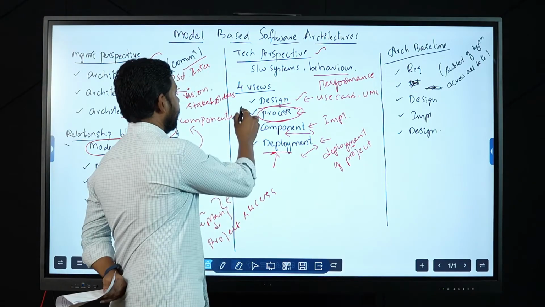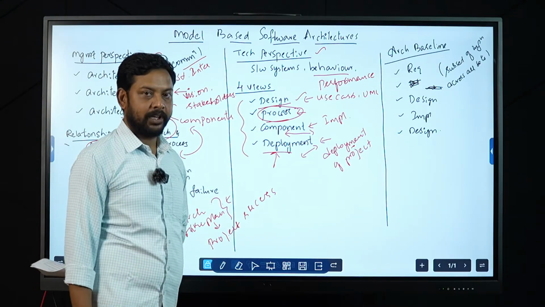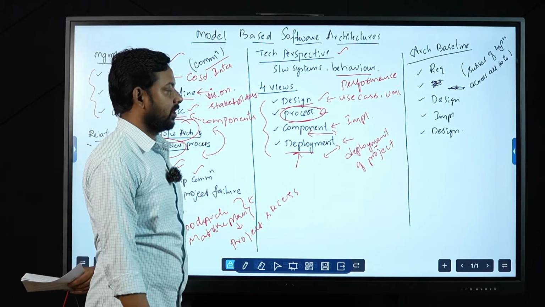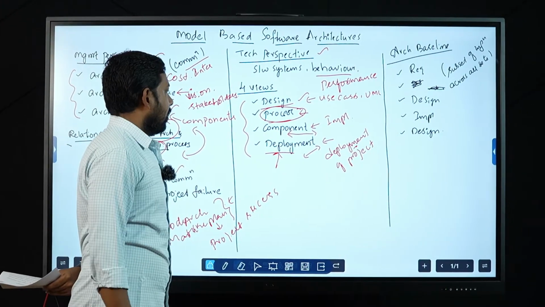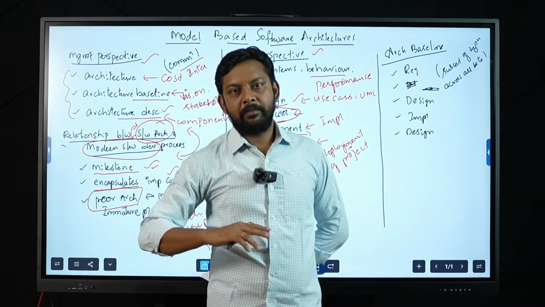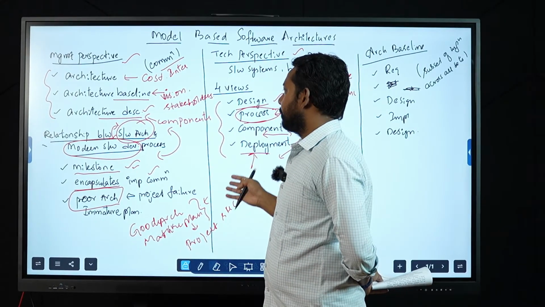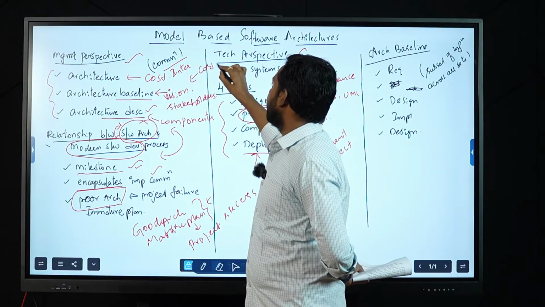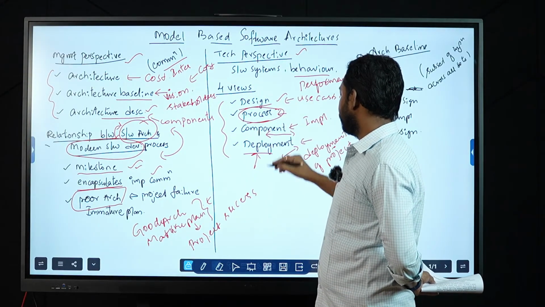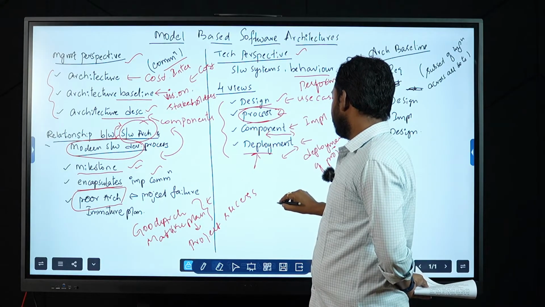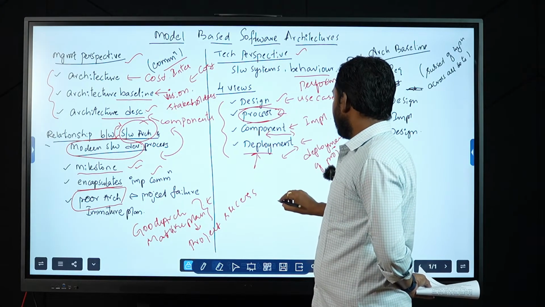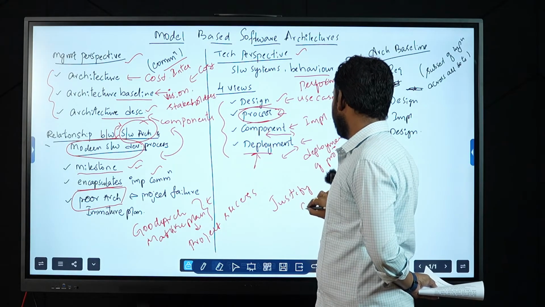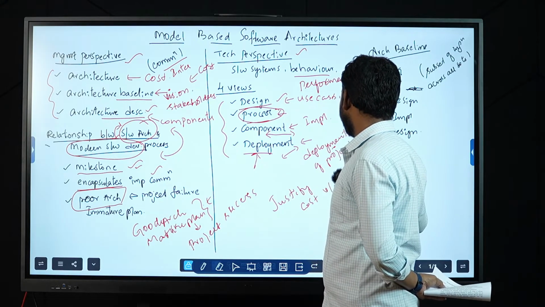So these are the 4 basic views related to your technical perspective, and these are the 3 different views related to your management perspective. The management perspective is majorly focusing on your cost, but your technical perspective is focusing on technical information, and how we are going to justify your cost with your software.